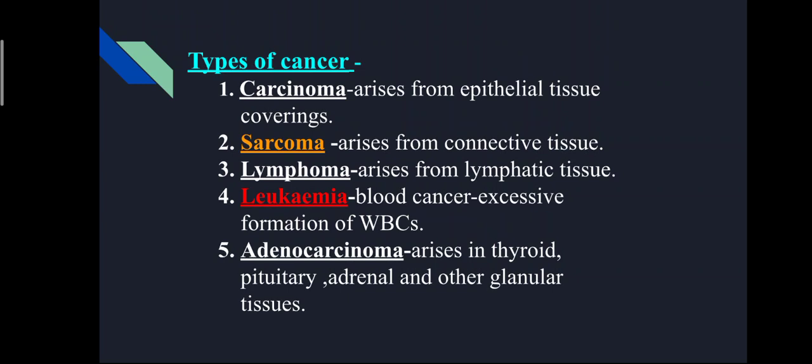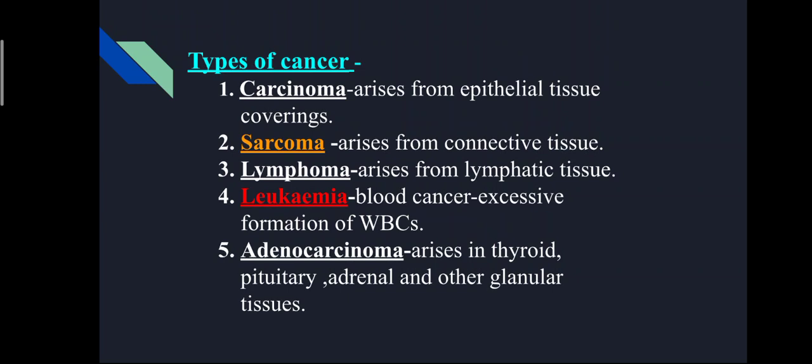That increased number of or excessive formation of WBCs in the bone marrow, and people suffering from leukemia have very high leukocyte count. The blood contains millions of abnormal immature WBCs that are incapable of fighting infections.